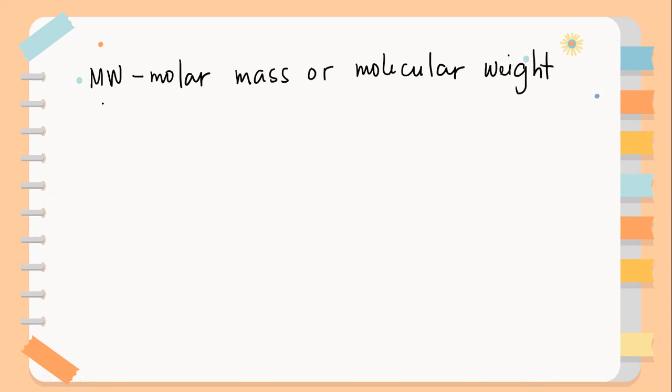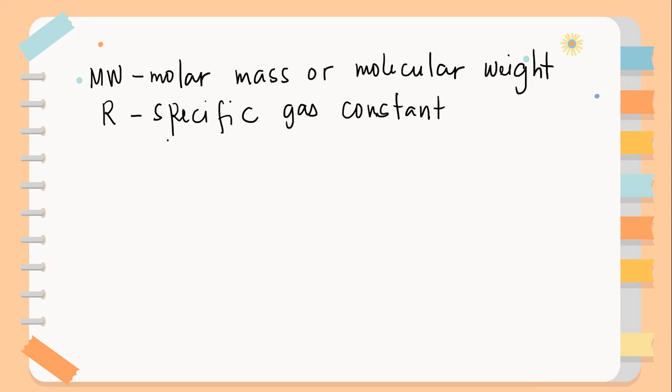Then R is the specific gas constant. What are the units? For the specific gas constant, we have kilojoule per kilogram Kelvin, BTU per pound mass degree Rankine.